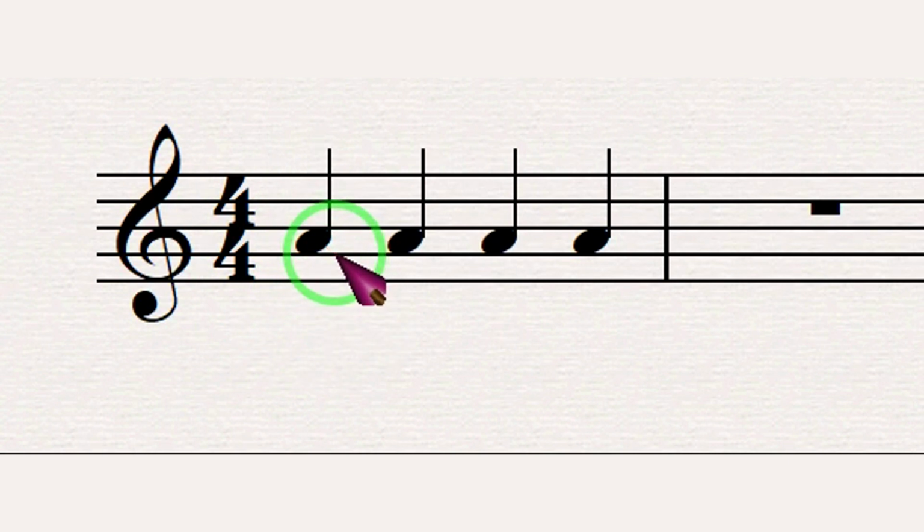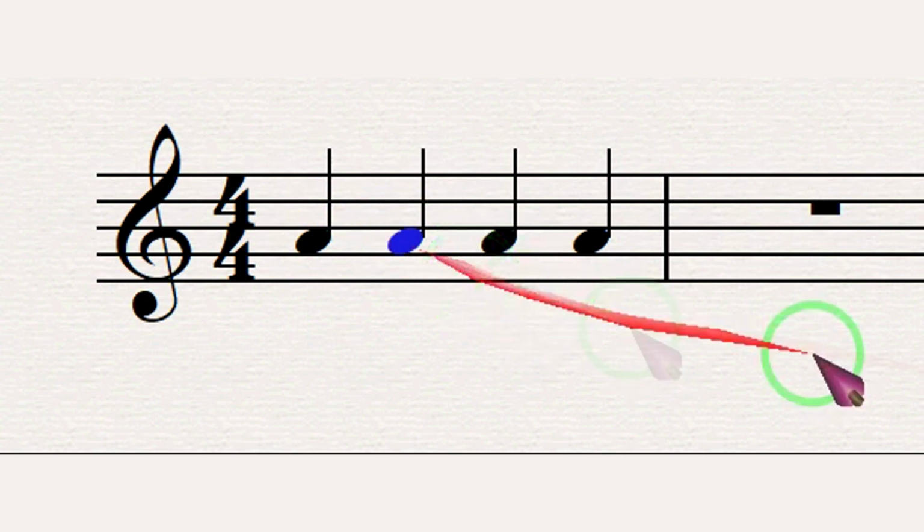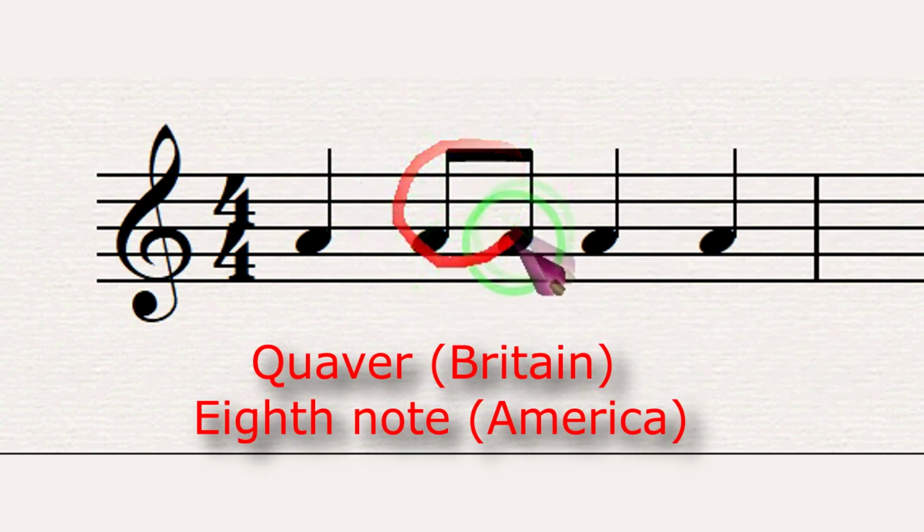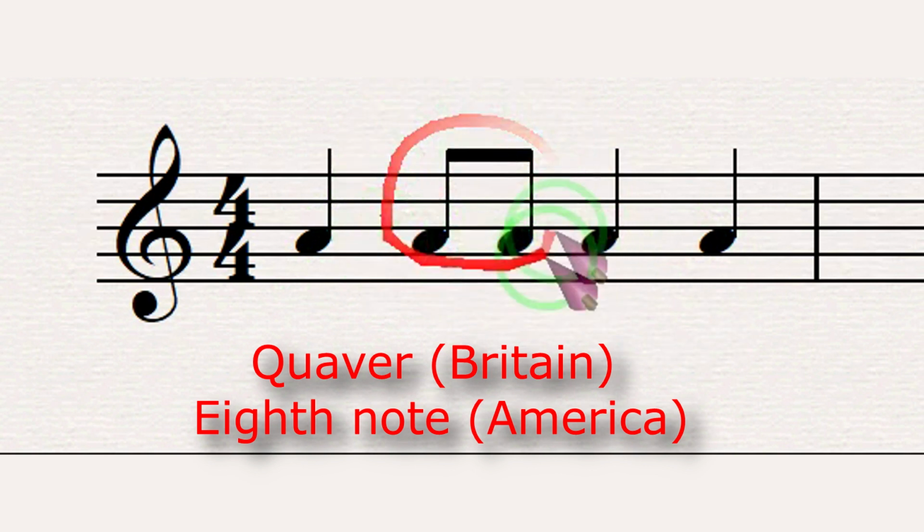crotchets can be divided into other smaller figures. And in fact, I'm going to take one here and I'm going to divide it in quavers or 8th notes. So I can take any of these crotchets and divide it into quavers like these ones.